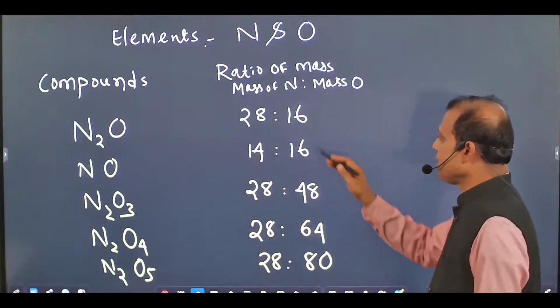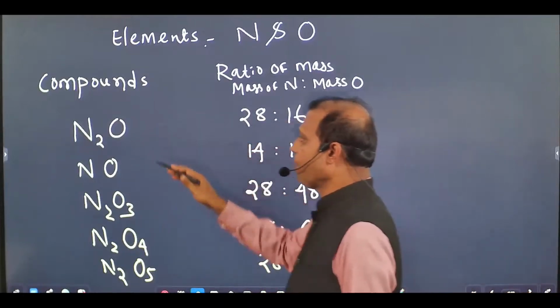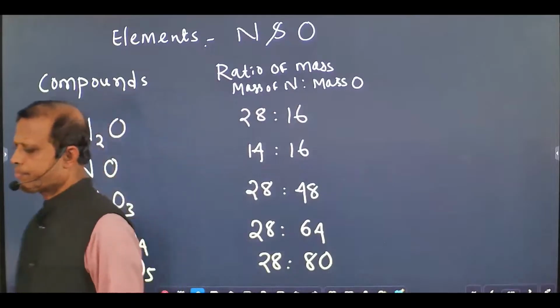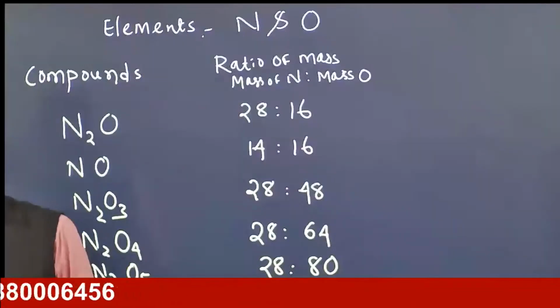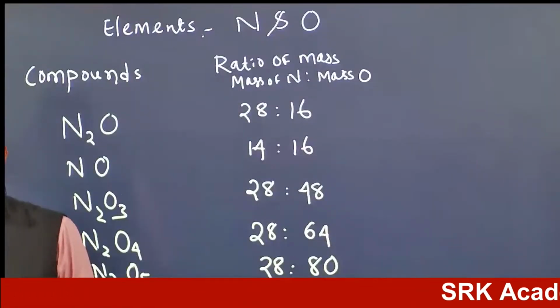Now see, out of all 5 compounds, tell me which are the compounds having the same mass of nitrogen? There are 5 compounds.